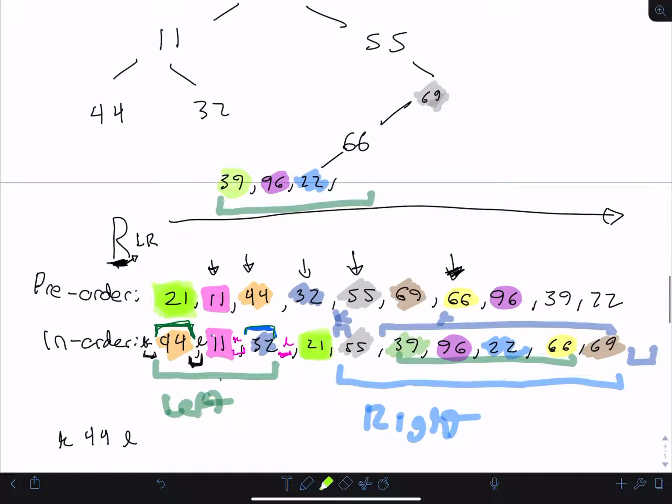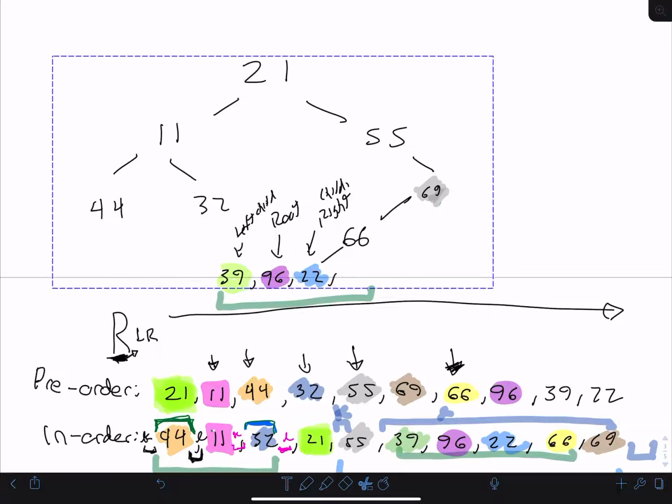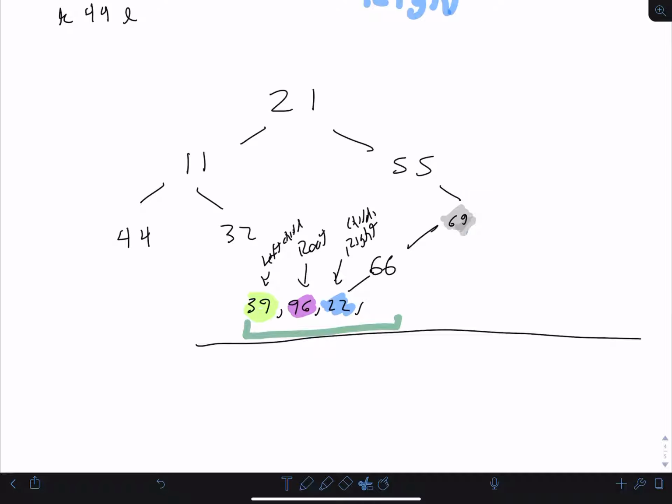So because this is going to be the root here, that's going to be the left child, and that's going to be the right child. And that will pretty much wrap it up for this example.